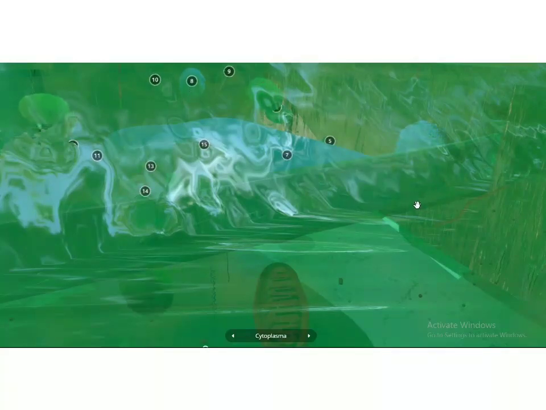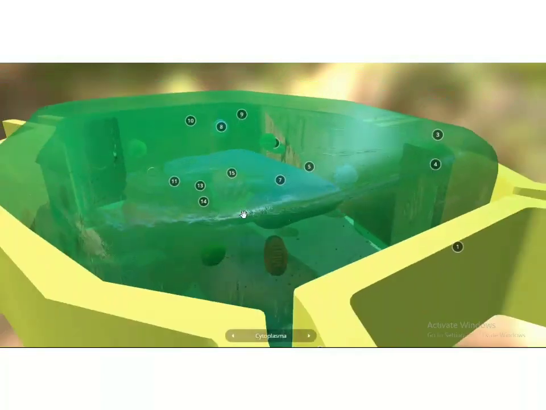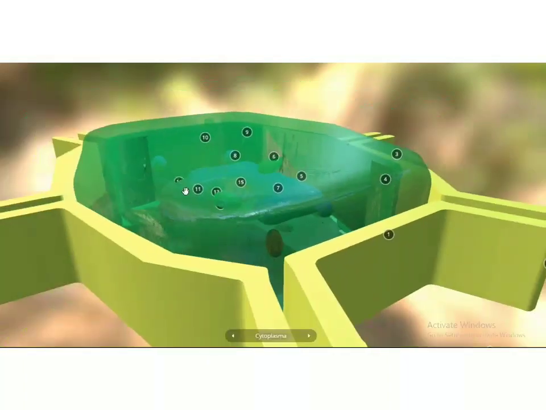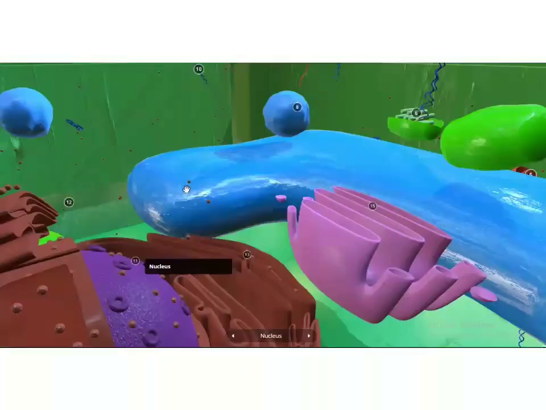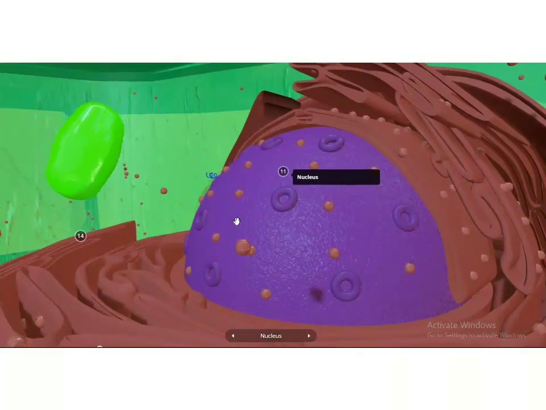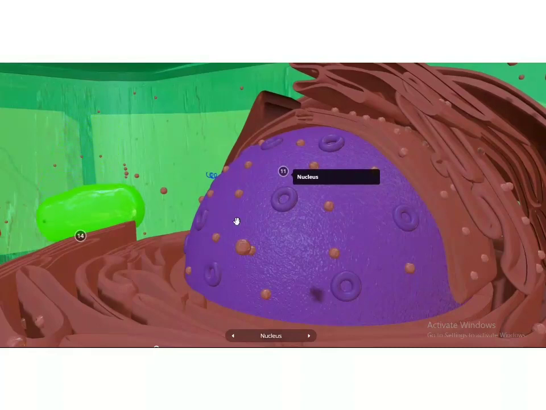Protoplasm is the content of the cell, including the plasma membrane, this greenish jelly-like cytoplasm, and also the nucleus. So the protoplasm includes the cell membrane, cytoplasm, and the nucleus.